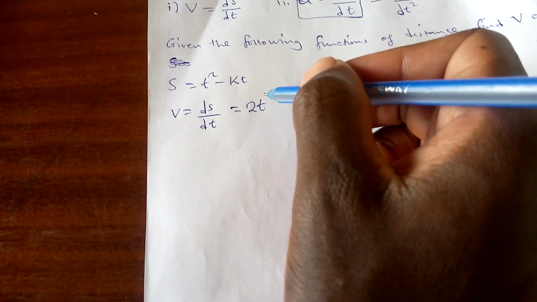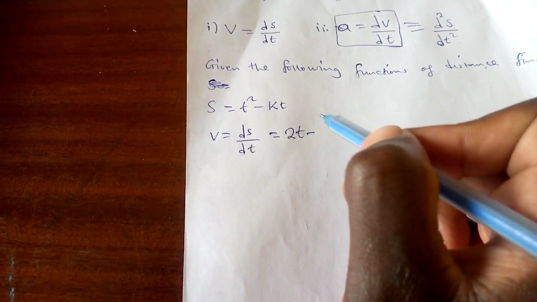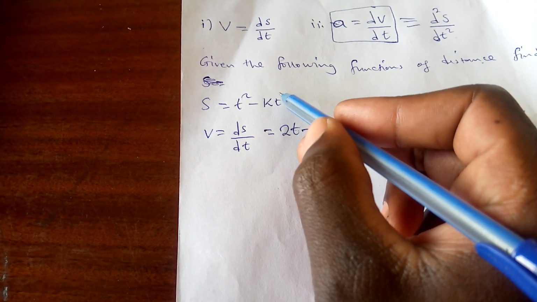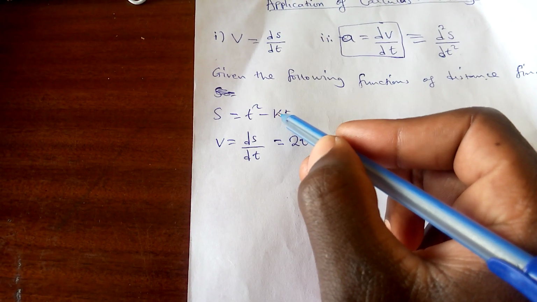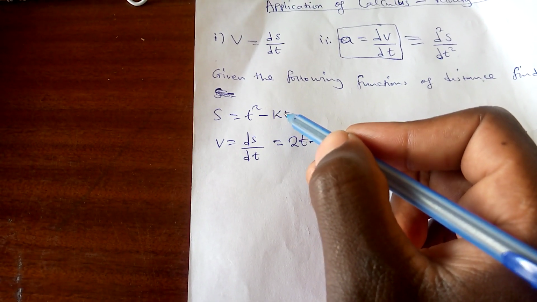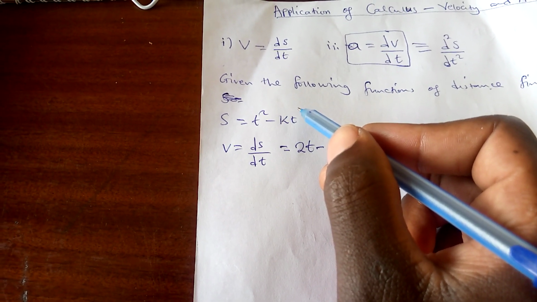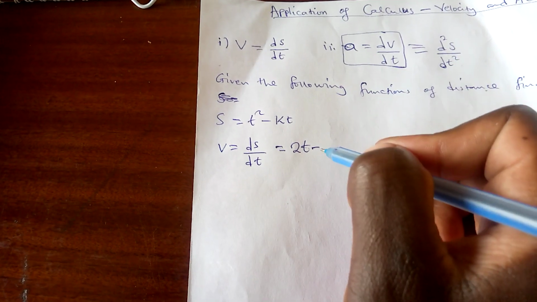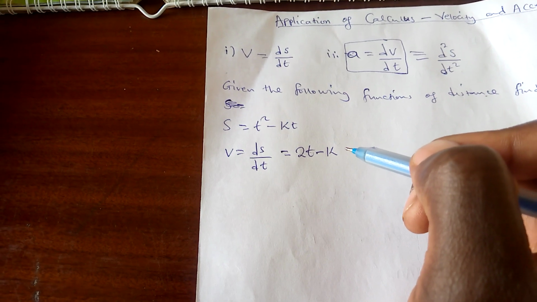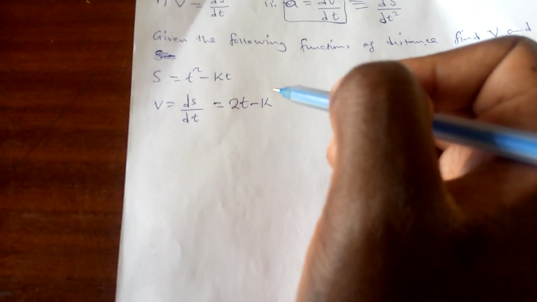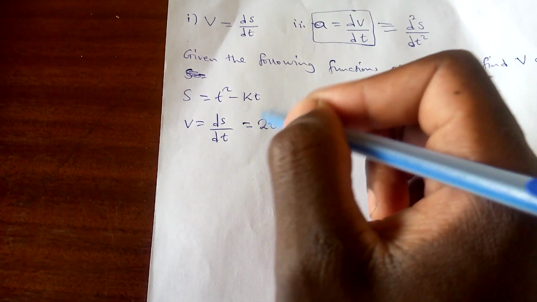So this will be 2t. Here we have a power 1, which is silent. Minus, we drop 1, multiply it by the coefficient, which is k here, and we subtract 1 from the power. So we're going to remain with k. So 2t minus k is the function of velocity.